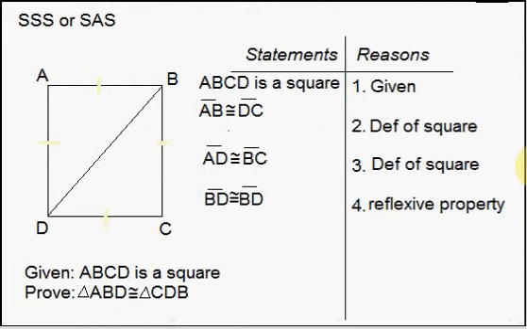Okay, and now that we have one side here that's congruent to this side, and this side that's congruent to this side, and this side that's congruent to itself, we can say that the triangles are congruent because of side, side, side.